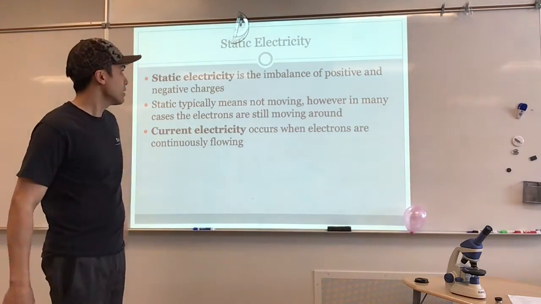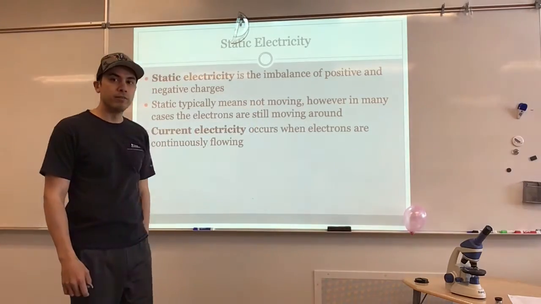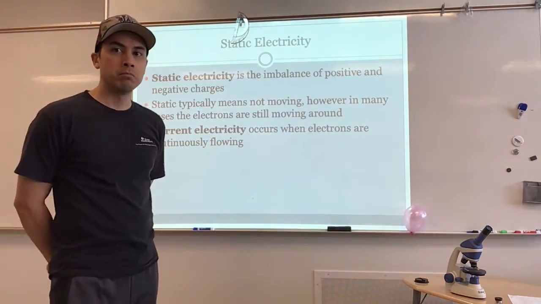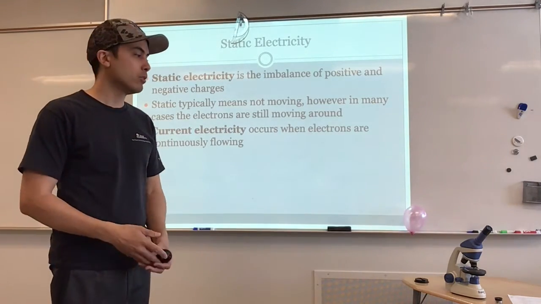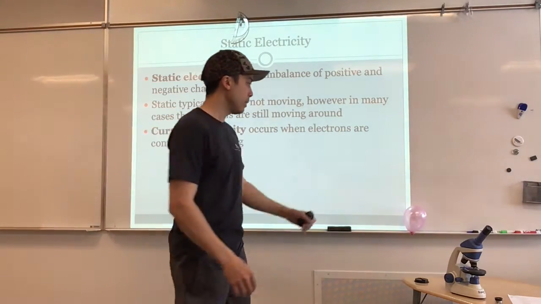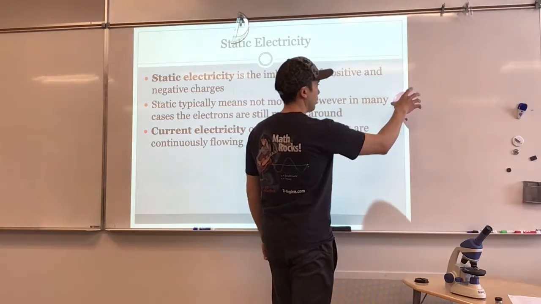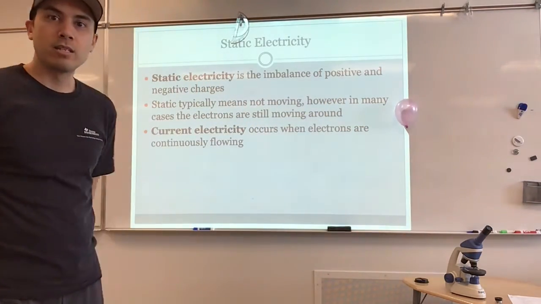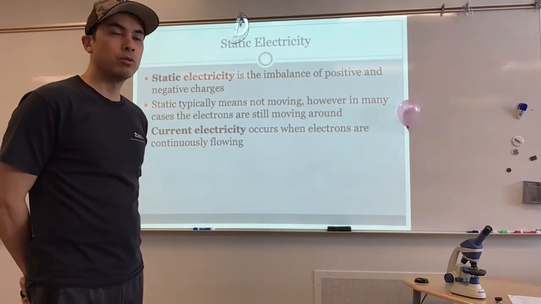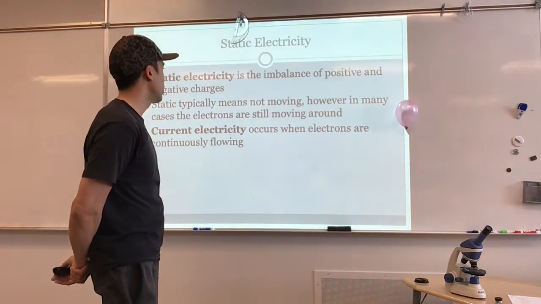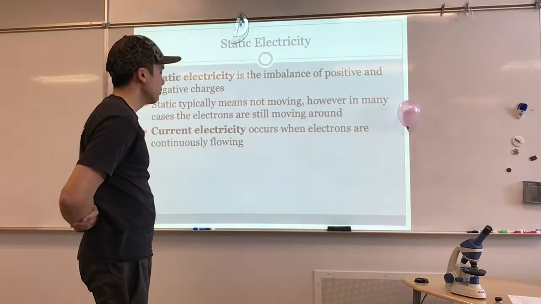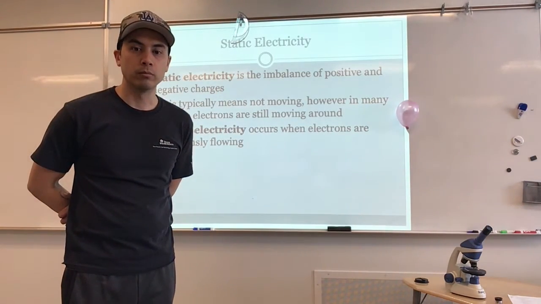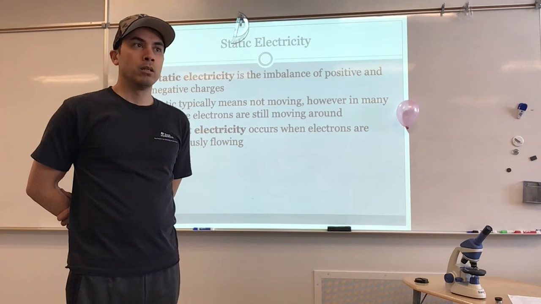When we get this imbalance of positive charge and negative charge, things can attract. You can still see the balloon will stay stuck to the board. That's due to this imbalance of charge. Now, static typically means not moving. Something is still.